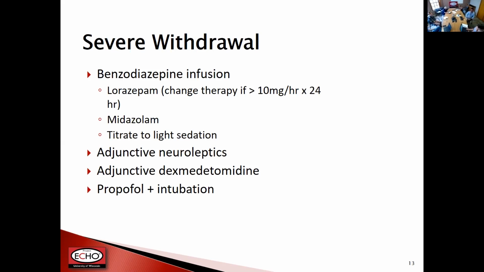It does not provide seizure prevention, so we always emphasize that the patient should be receiving a sedative as well. And in severe cases, we have seen folks progress to the point where they need to be sedated and intubated because withdrawal is so severe and its manifestations are really interfering with their care.